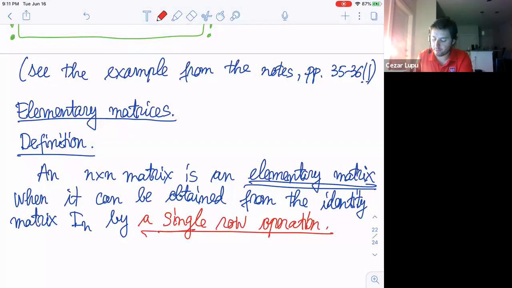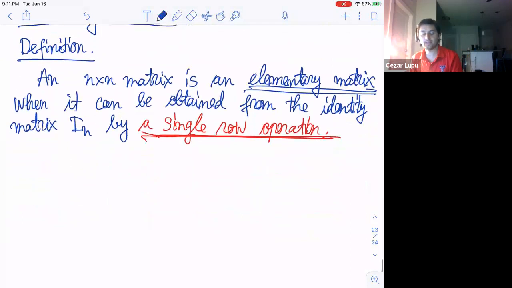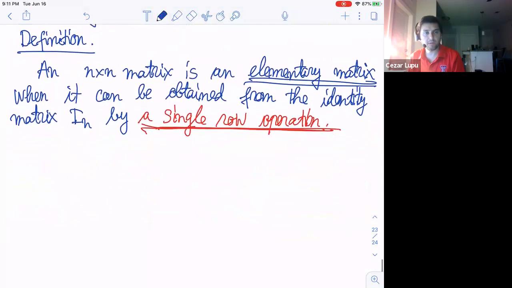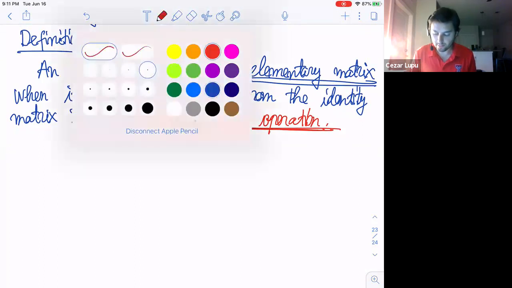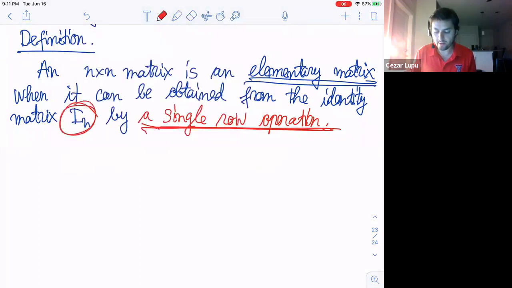Okay, let's see some examples. This is very important. So it's an n by n square matrix, and I can obtain it from the identity by a single row operation. So that's what we have to keep in mind.